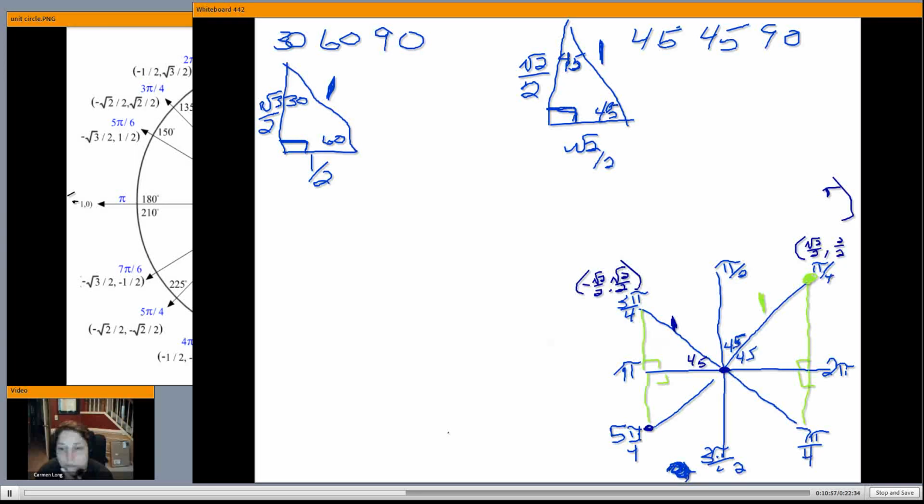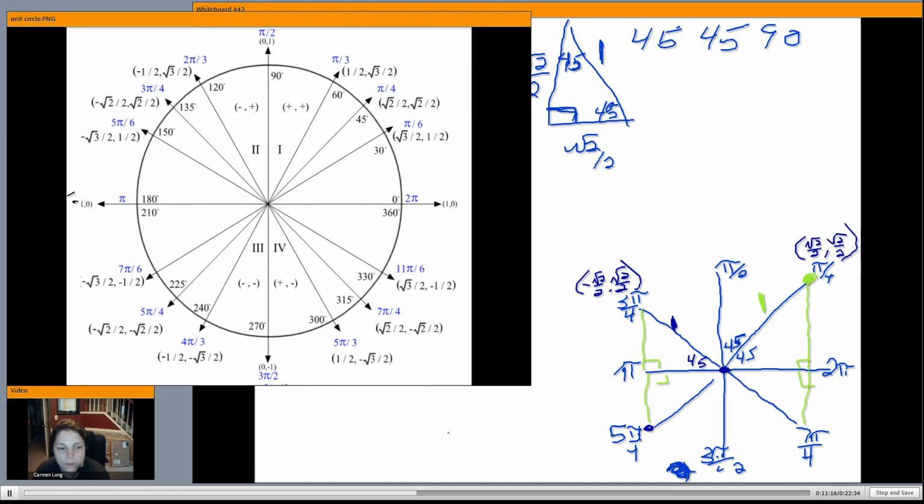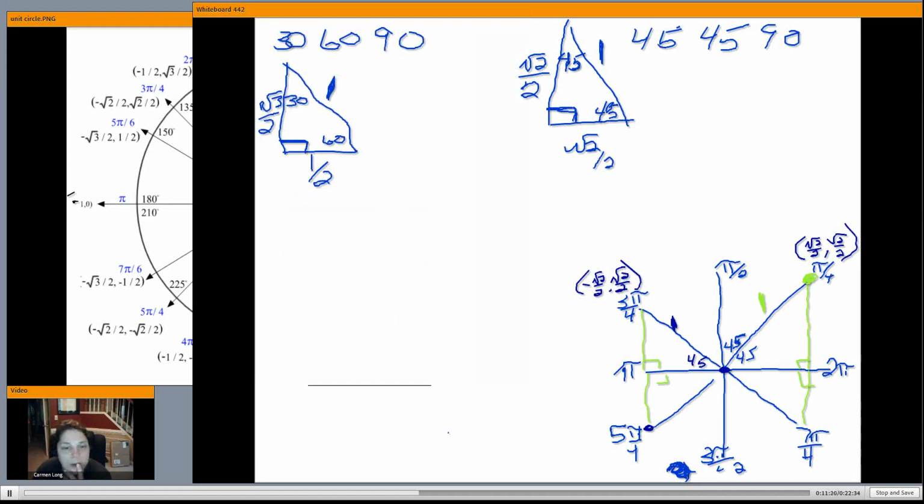Very good. Okay, and then I dropped something. I dropped my square root there. I can fix that. Okay. And this is 3 pi over 2. Okay, so let's go and do our 30, 60, 90 in the same way, and then we'll see what that looks like on the unit circle.